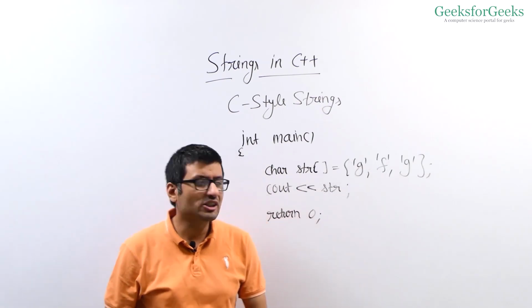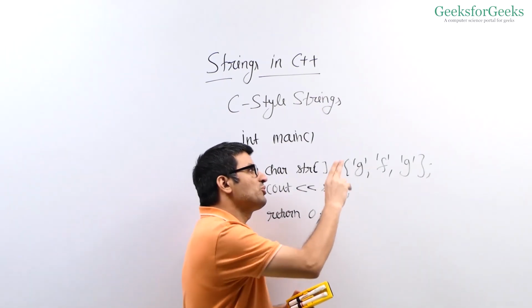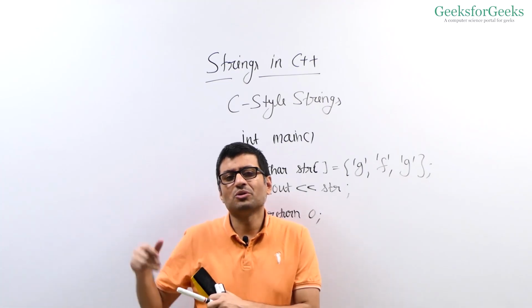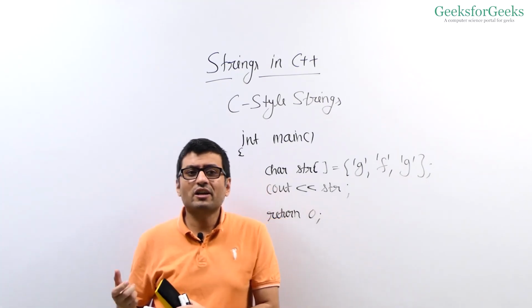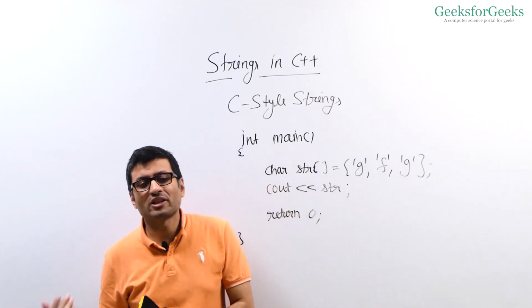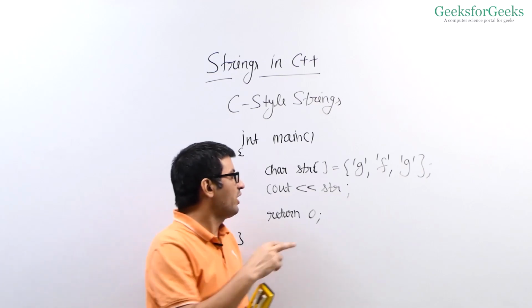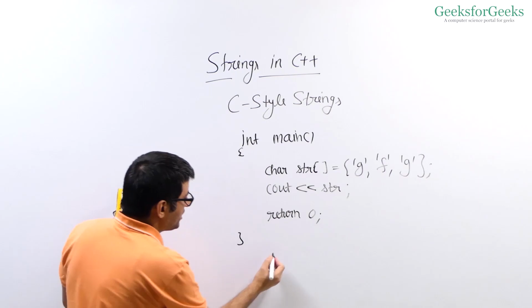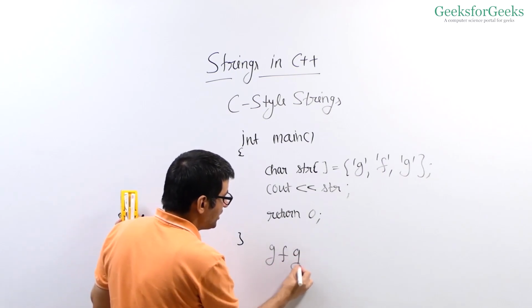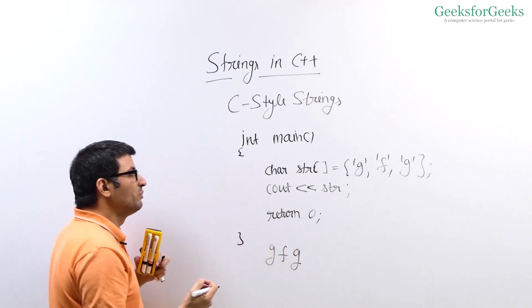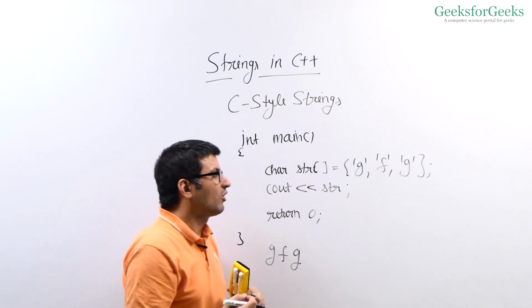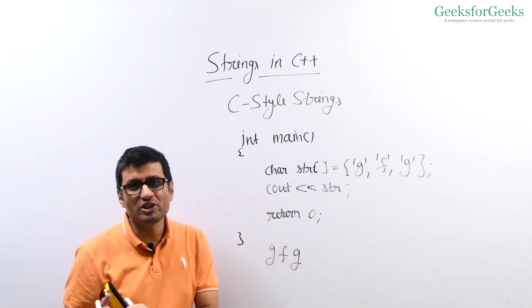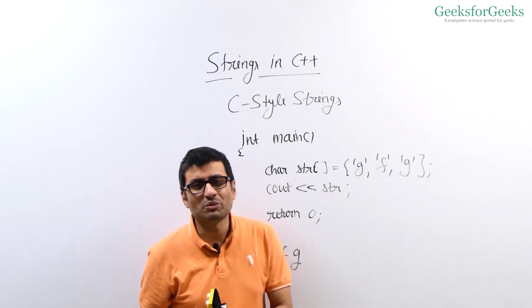Let us take a look at this program. I have not used double quotes, so I am creating a character array using single quotes. Here the compiler does not put a \0. So if you run this program, you will get G, F, G, then you may get some more characters, or you may get a segmentation fault, or you may get GFG only. Why multiple possible outputs?